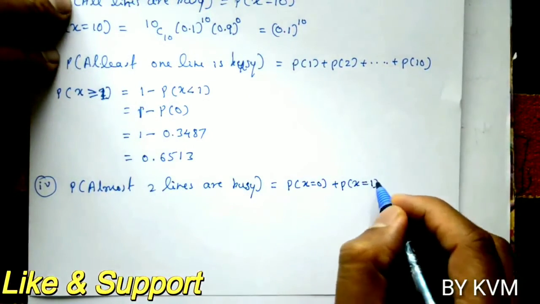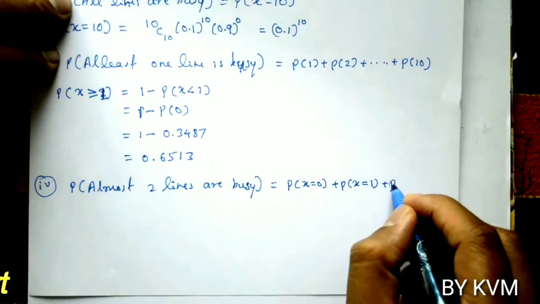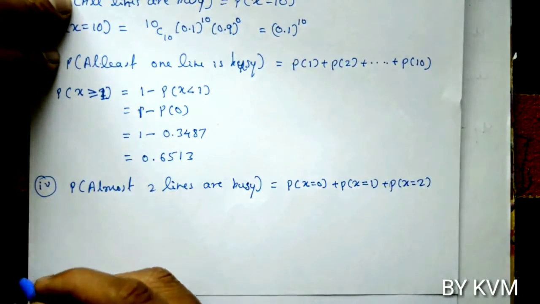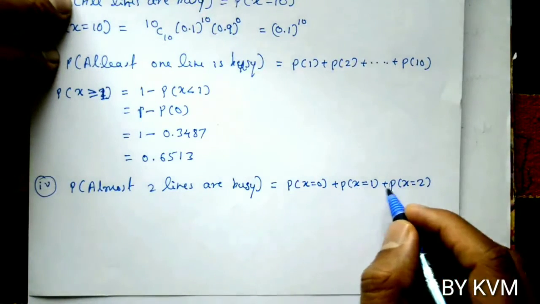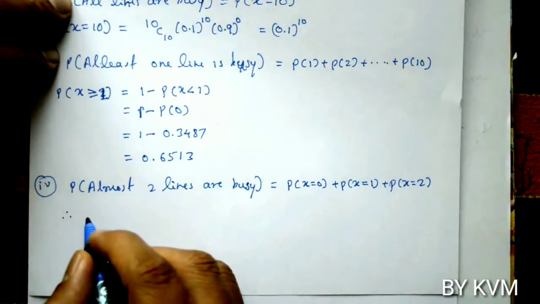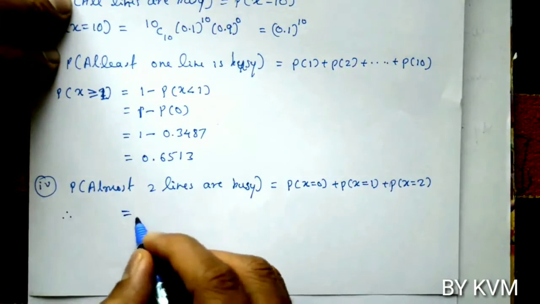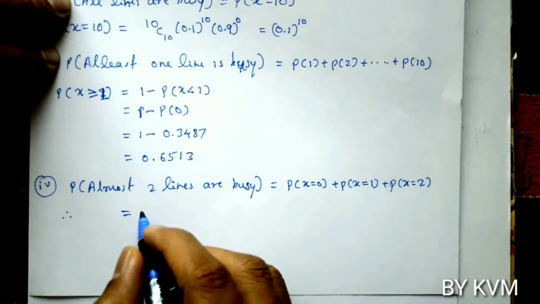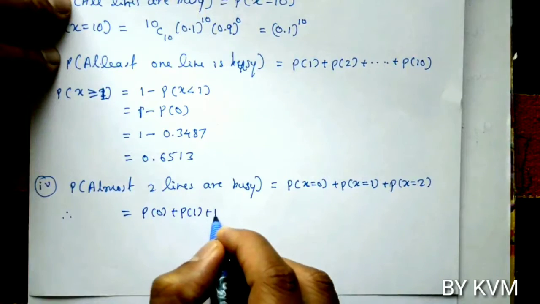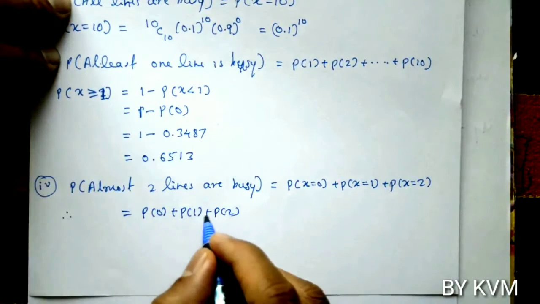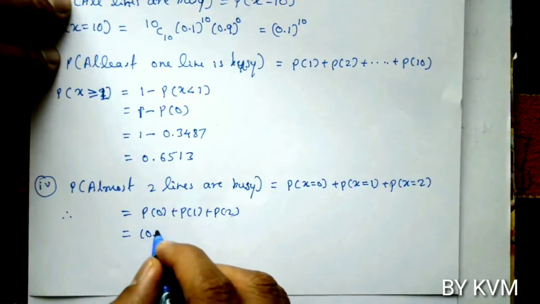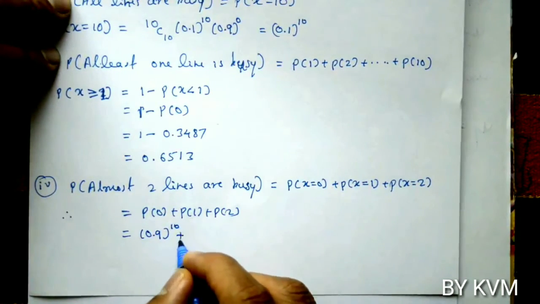So that is P of x equals 0 plus P of x equals 1 plus P of x equals 2: no lines busy, plus 1 line busy, plus 2 lines busy. Probability of x equals 0 we have already calculated.